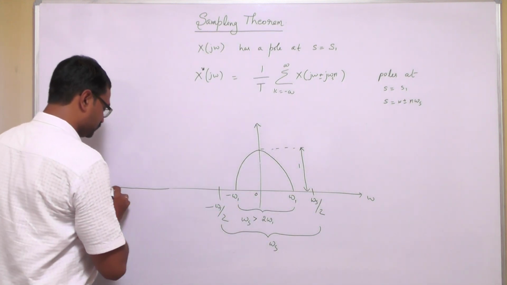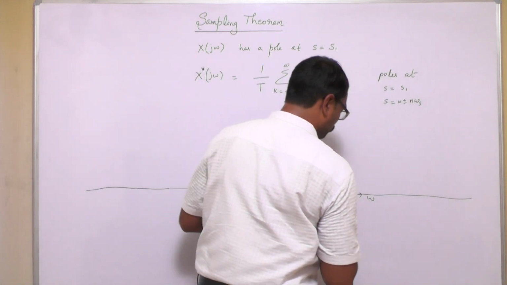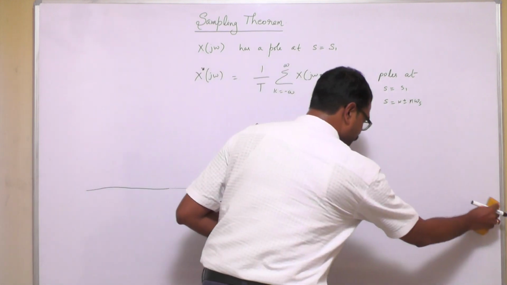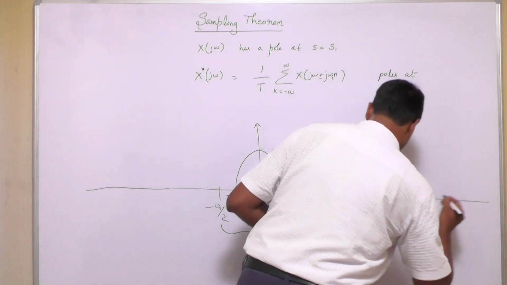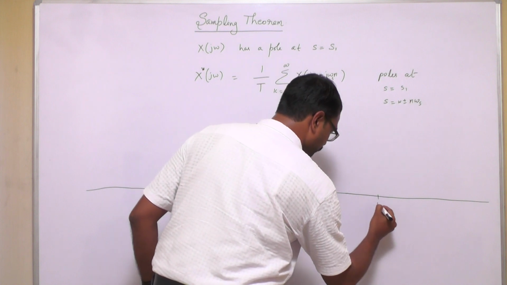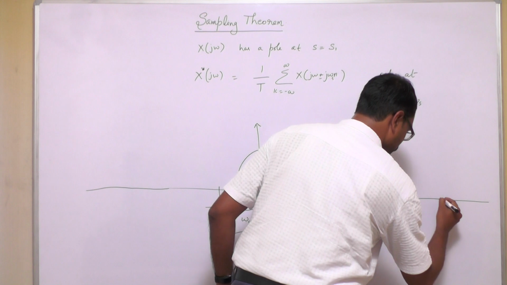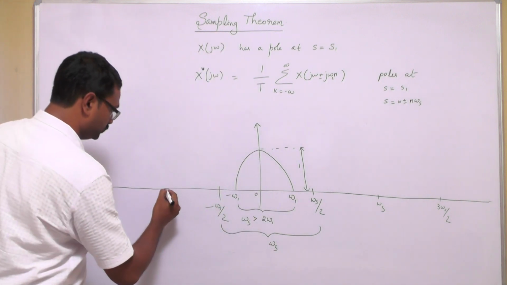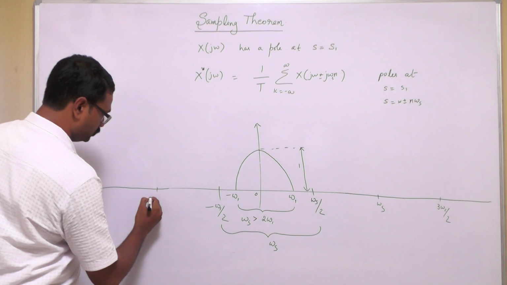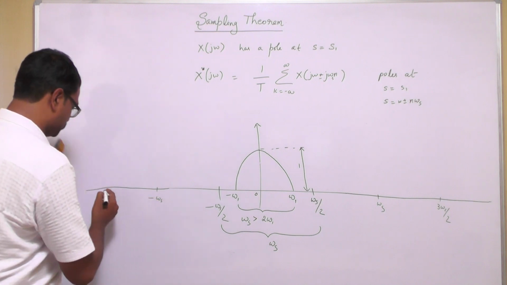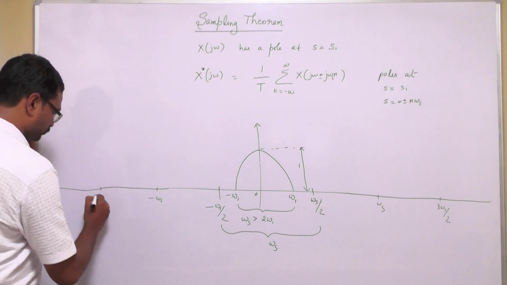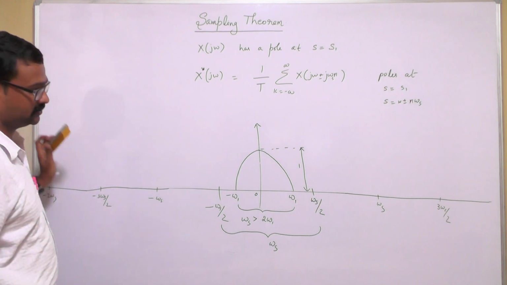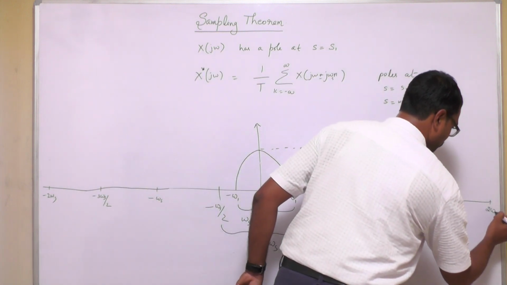Therefore, with this into consideration, if I extend this diagram and have poles at various values, this is ωs/2, the similar distance; if this is ωs and this is 3ωs/2, and here you have minus ωs/2, minus ωs, minus 3ωs/2, so on, minus 2ωs, etc.